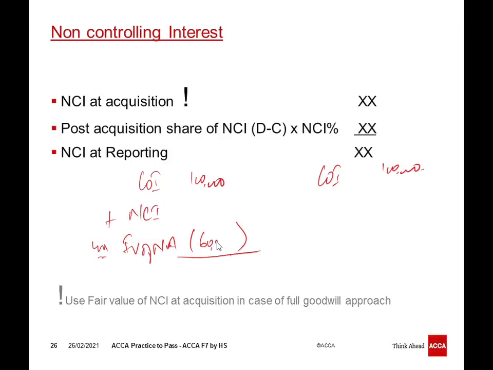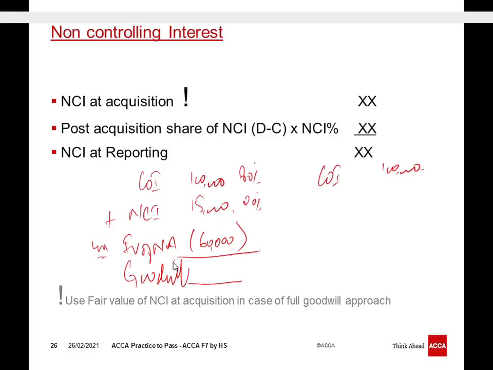Assuming this value is 60,000 and the parent has acquired 80% shares, assuming NCI is 15,000. Now this is how we calculate the goodwill using the fair value approach.